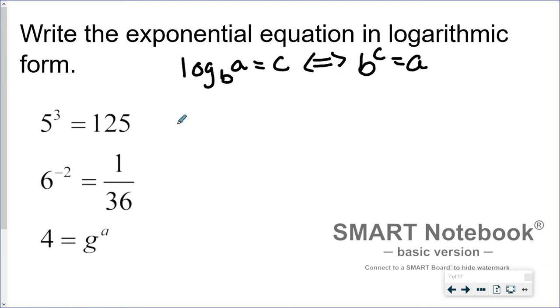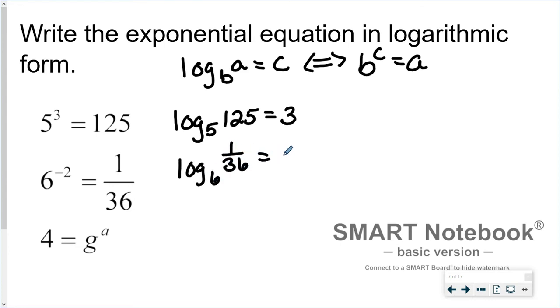So here we will say log base 5 of 125 is equal to 3. We can do the same thing here. Log base 6 of 1 over 36 is equal to -2.